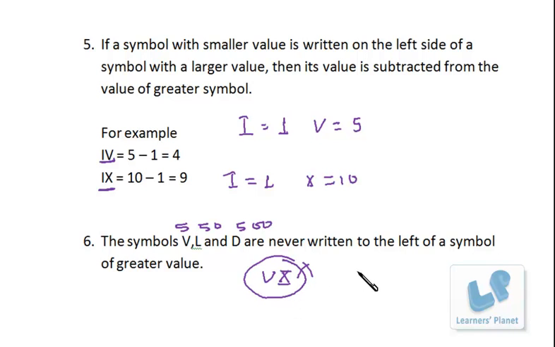V is 5 and X is 10. Some students make this mistake: they just deduct the value of V from the value of X, that is 5, but 5 has to be written like this only. So the symbols V, L and D are never written to the left of a symbol of greater value.